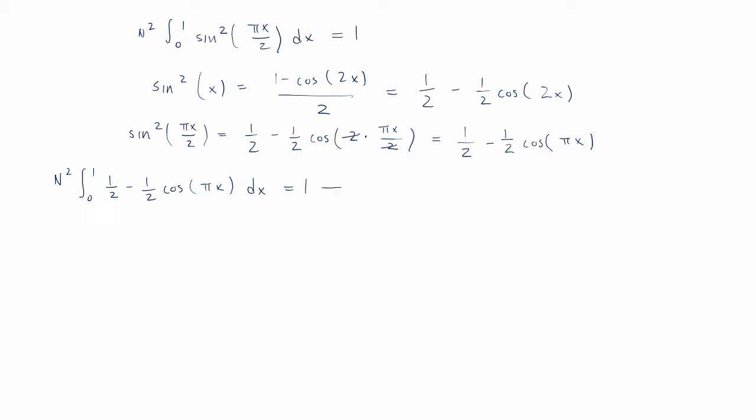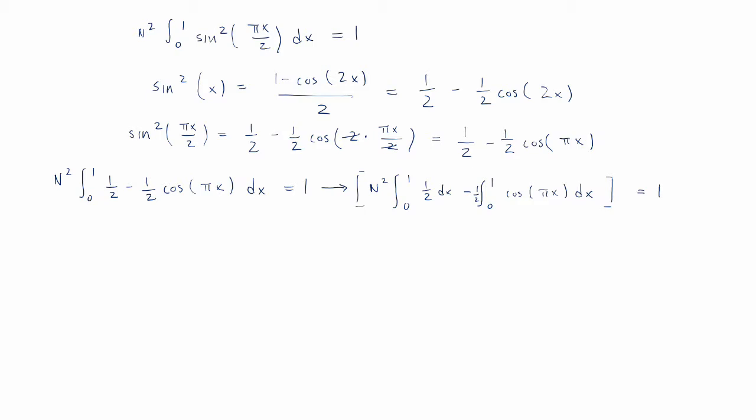Now let's use the properties of integrals to rewrite this as n squared, the integral from 0 to 1 of 1/2 dx, minus the integral from 0 to 1 of 1/2 cosine of pi x dx, and this entire expression is set equal to 1.